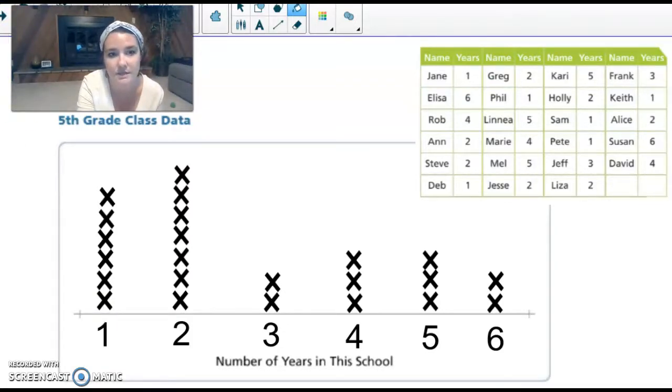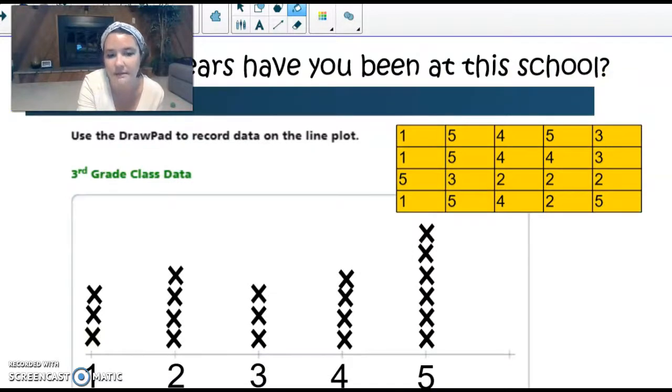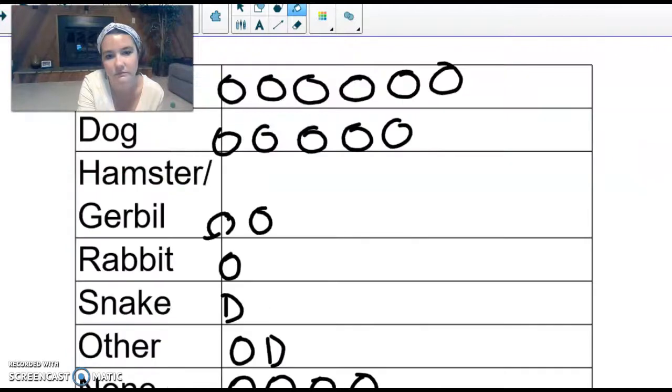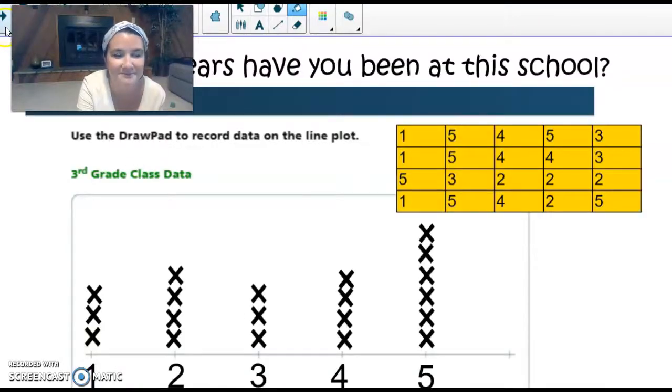And there's Miss G's, my data. Oop, that goes back to my pictographs.